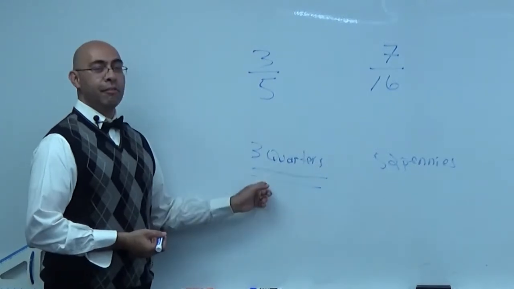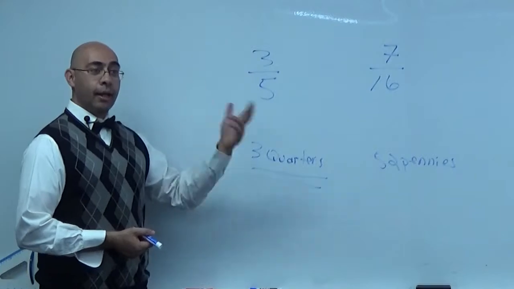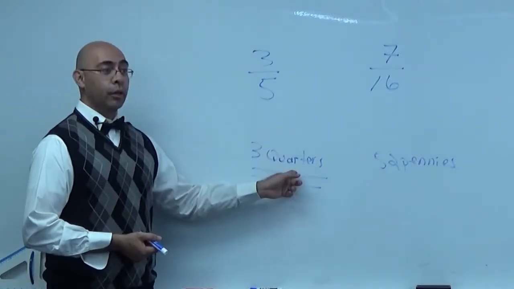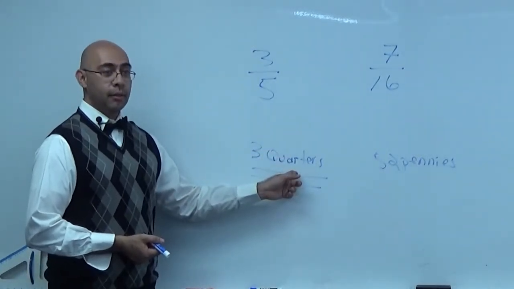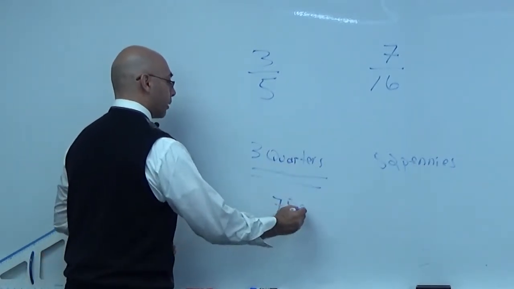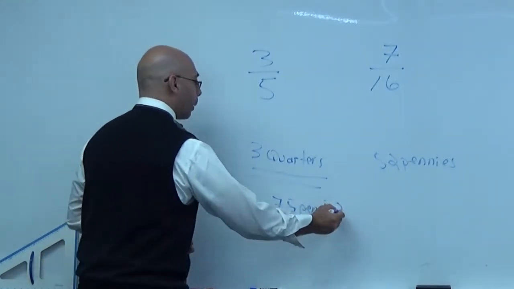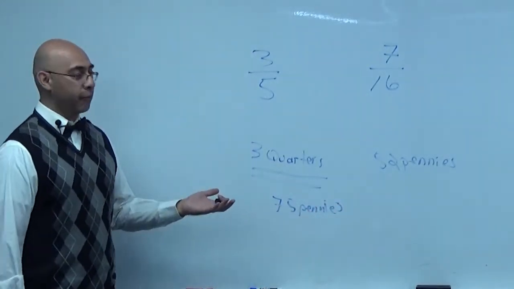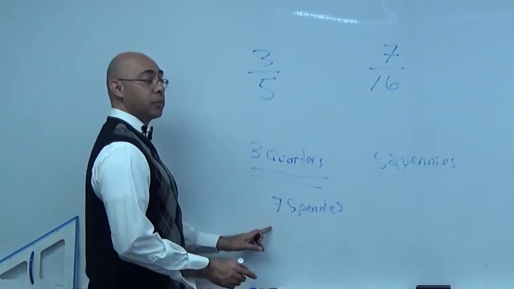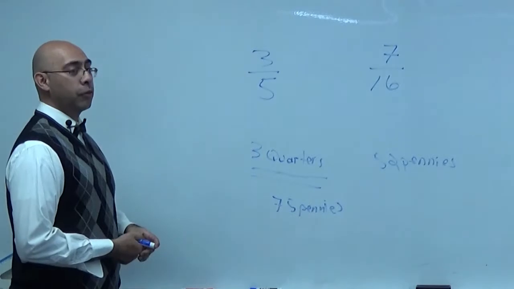But it doesn't say 75 pennies here, does it? No, you had to look at that and say, I remember that a quarter is 25 pennies. Since I have 3/4, I have 75 pennies. But you don't do that in your head because you've been dealing with money all your life. Now you can compare which is bigger, 75 pennies or 52 pennies? 75 pennies is bigger than 52 pennies.